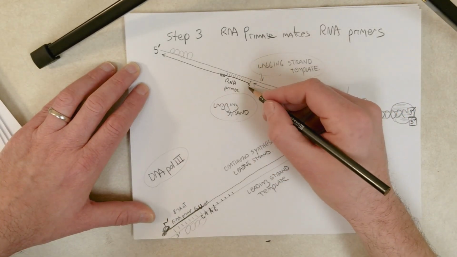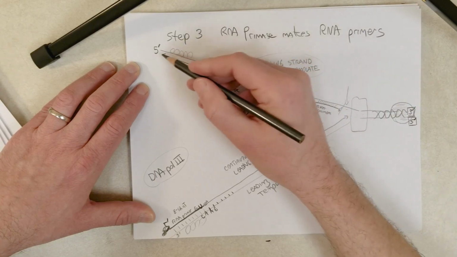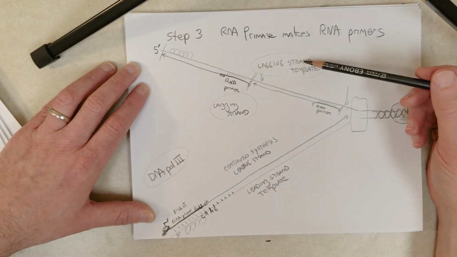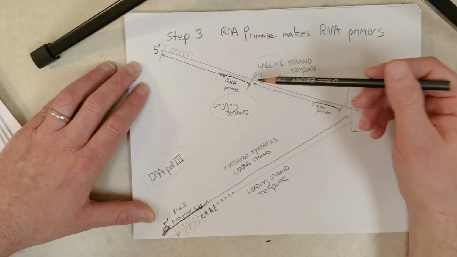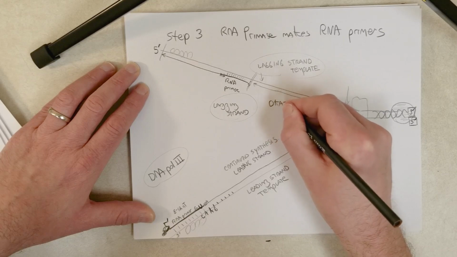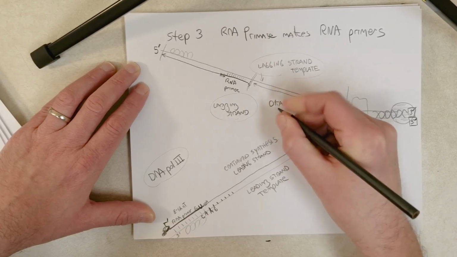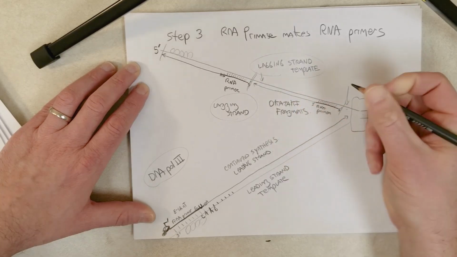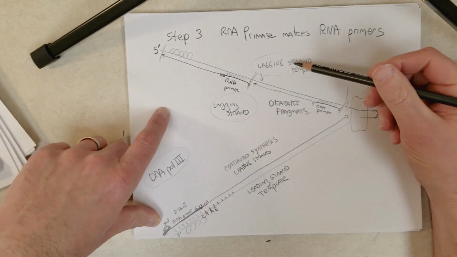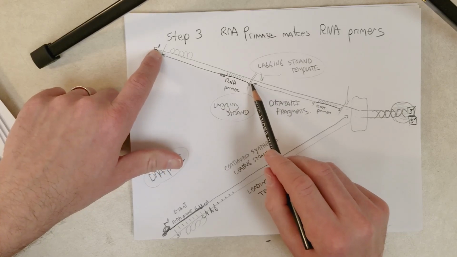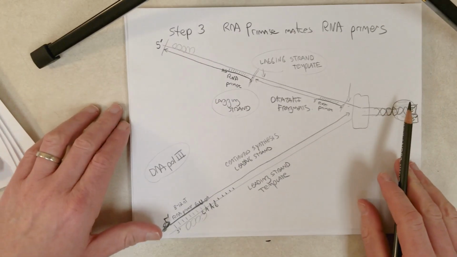Additionally, these little fragments that result because of the lagging strand synthesis mechanism are called Okazaki fragments. So long story short, the lagging strand template is synthesized as a series of small fragments called Okazaki fragments.